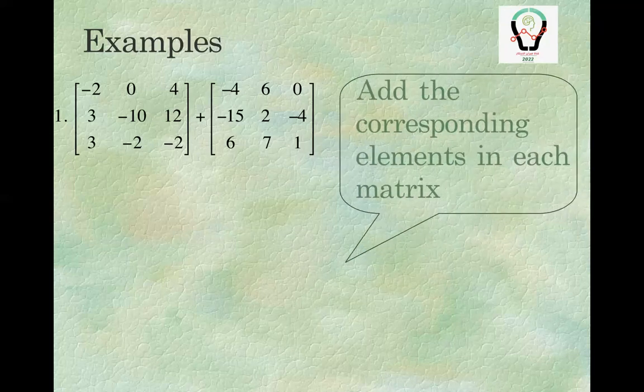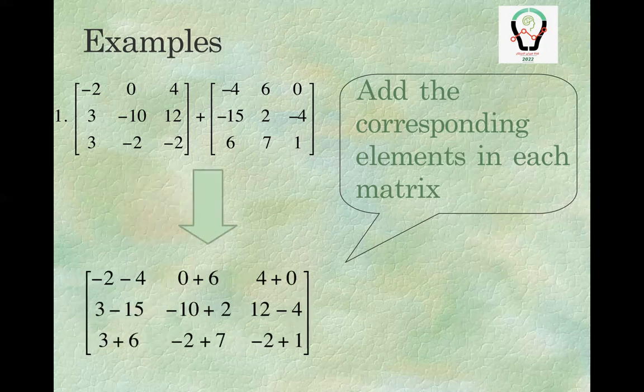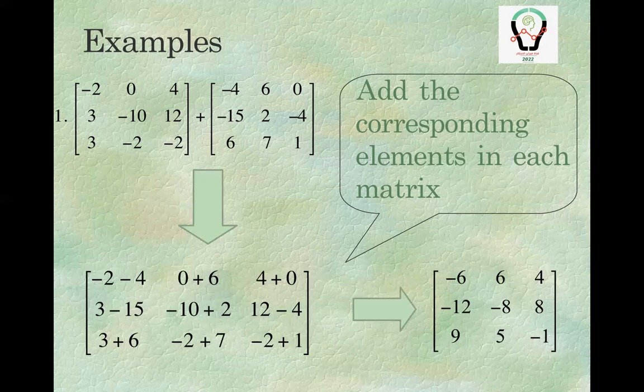Then second step, add the corresponding elements in each matrix, which is -2 and -4. So basically, -2 plus -4, which equals -2 minus 4 equals -6.